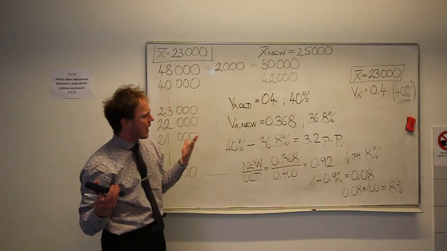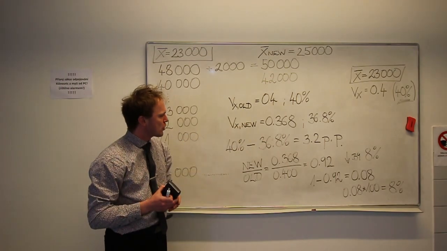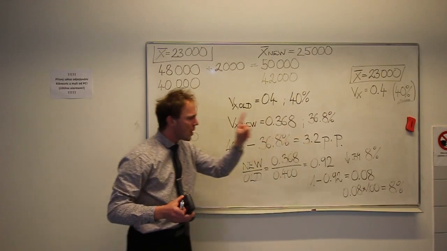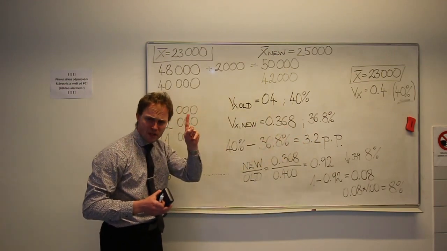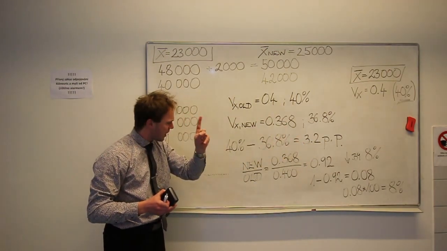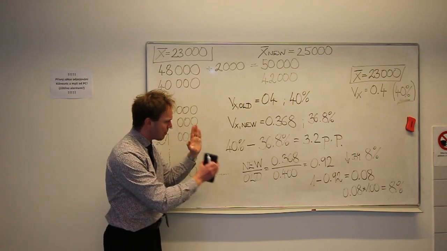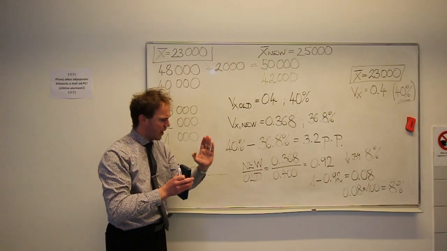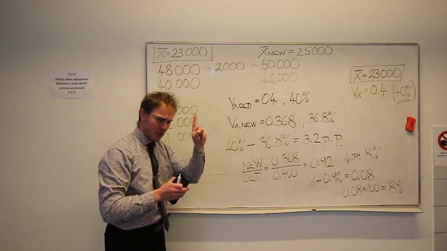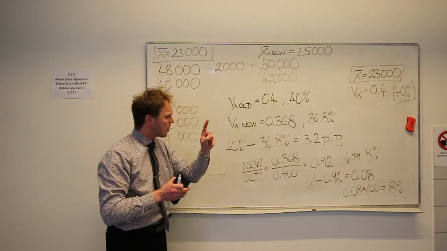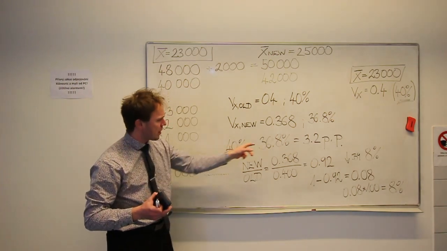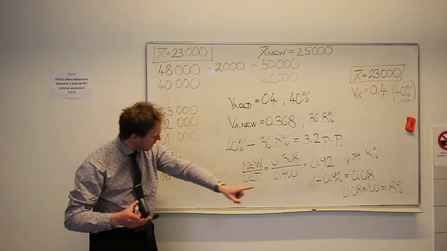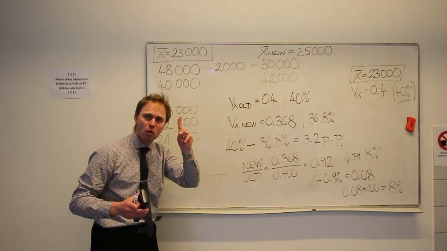Or we can say that the new variation coefficient decreased by 3.2 percentage points. This is very, very important, so please remember this interpretation and remember the difference between percent points and percent. Percent points in the case of difference, percent in the case of ratio.